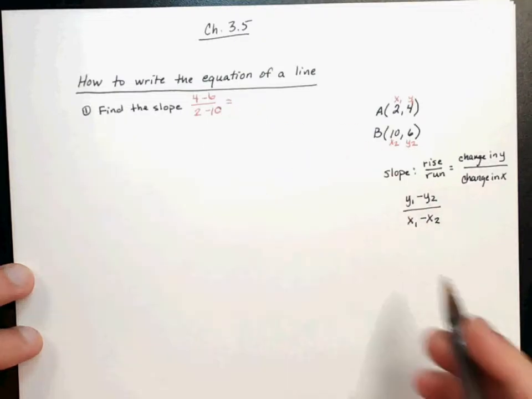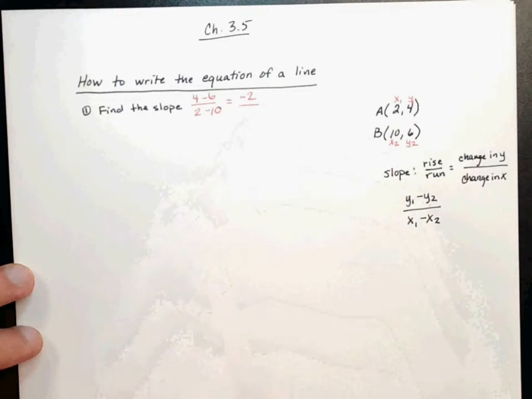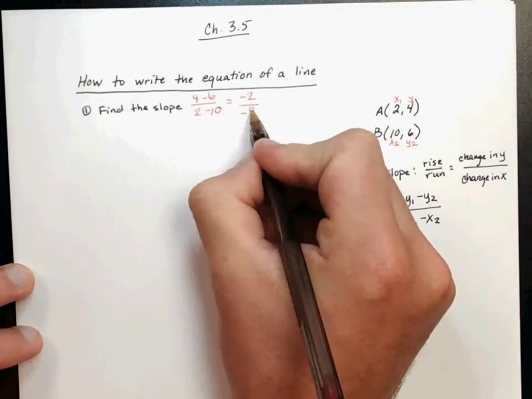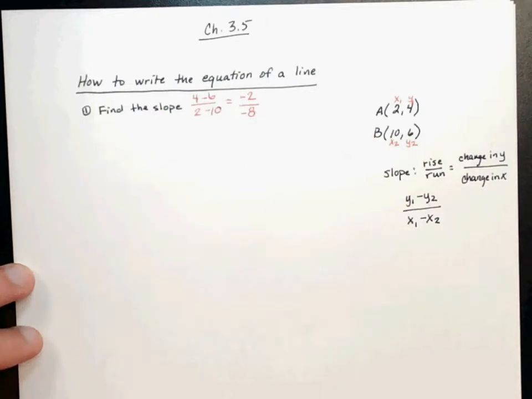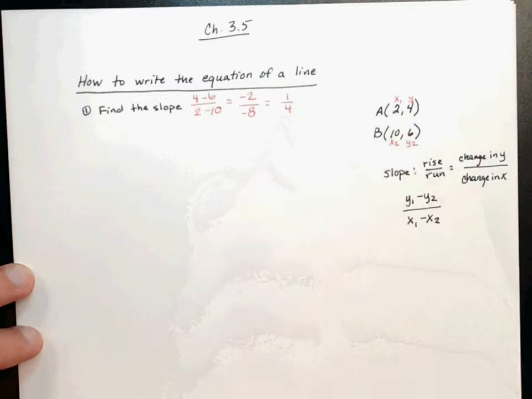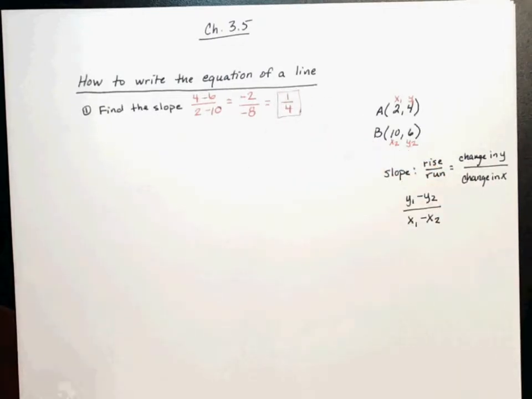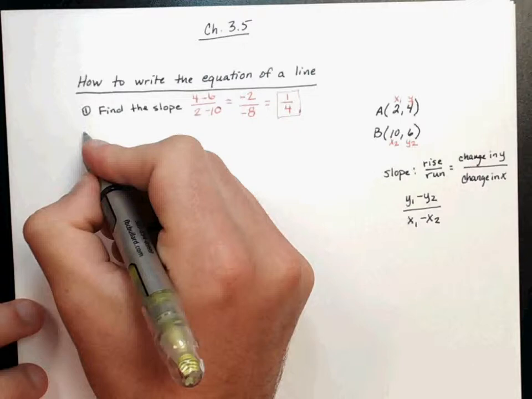So when I do that, I get 4 minus 6 is negative 2. Okay? And 2 minus 10 is negative 8. Then we reduce, and I get 1/4. Okay? So here's our slope. 1/4 is our slope. So we've got number 1, we've done it. We found the slope. Okay? Step 1, check. All right?